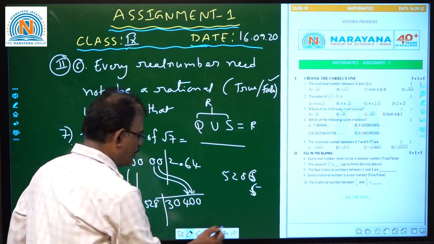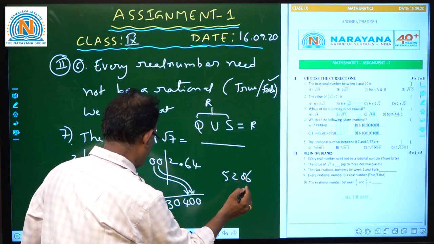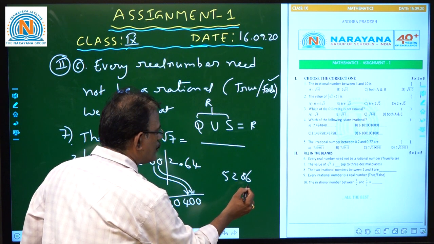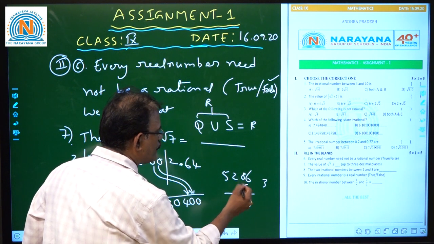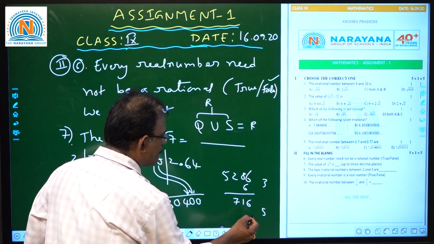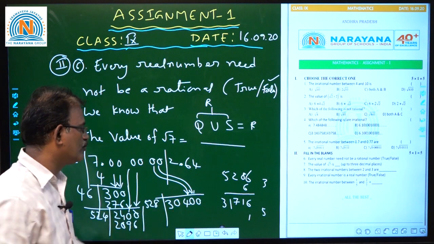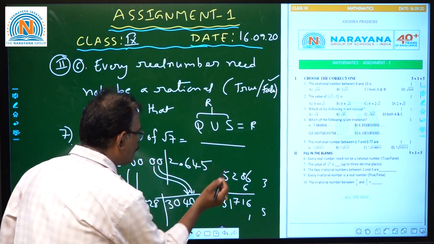If you take 6 times, this is 8, no? 6 6s are 36, 48 plus 3; 6 2s are 12 plus 5, 17; 6 5s are 30 plus 1, 31,000 is more than 30,000. So we cannot go 6 times, it is 5 times.